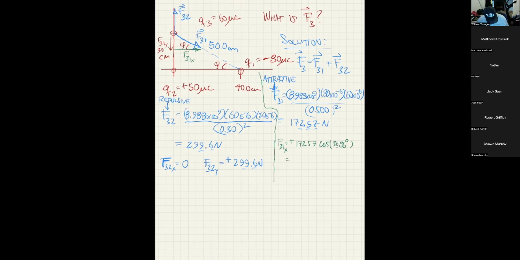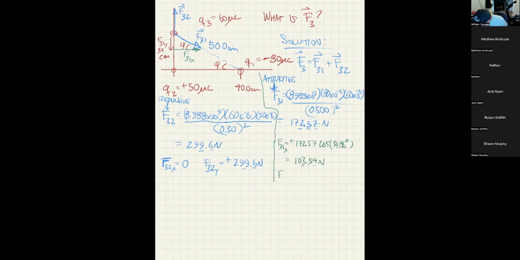Now, this one turns out to be, and y'all might want to double check my work on this, F31 x equals 172.57 times this, which is 103.54 newtons.